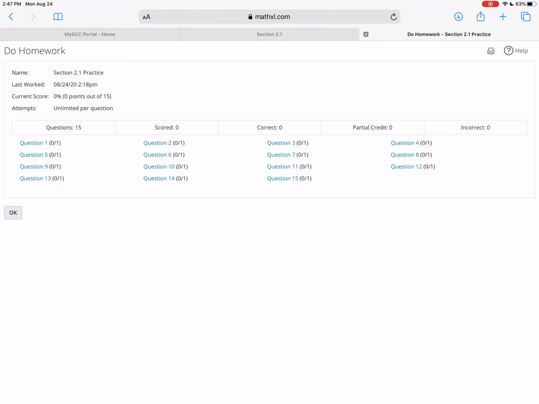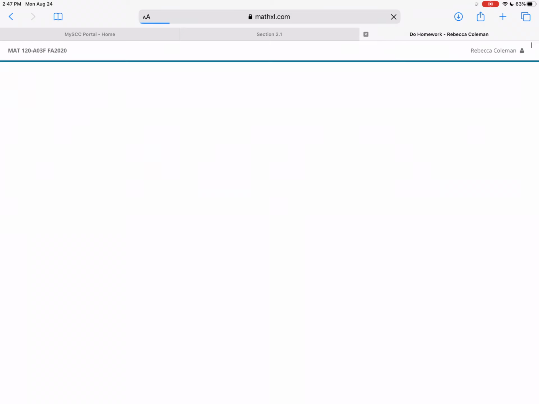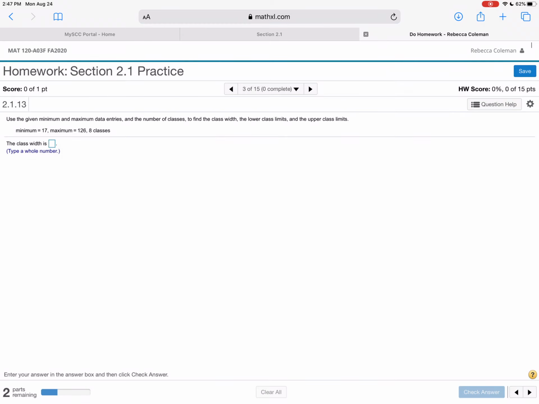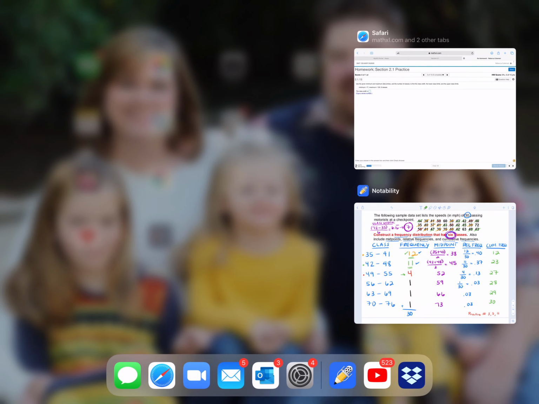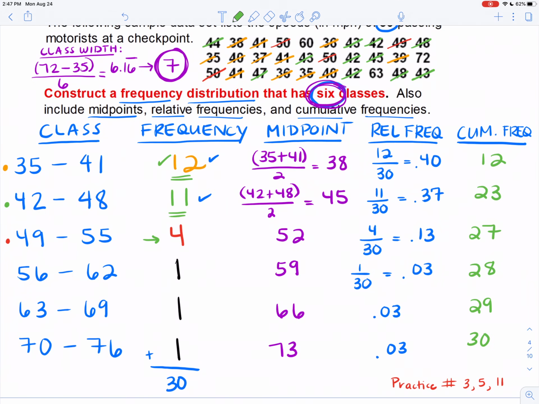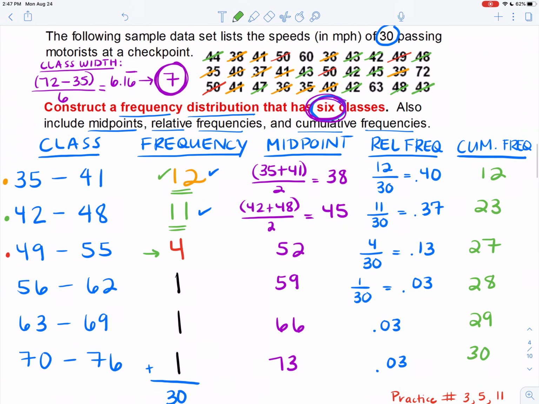You're going to come back and work through all of these, but right now I want you to look specifically at number 3. Make sure you understand how to use the class width formula and how to get lower and upper limits. Basically what you're going to be doing is the first step that we did here: calculate the class width and figure out your classes.